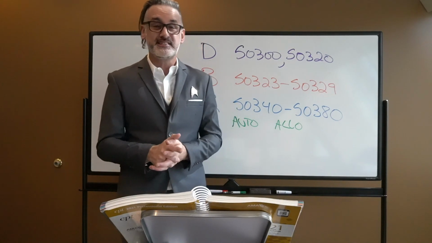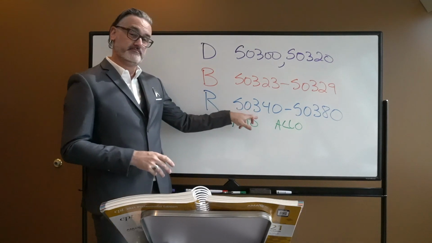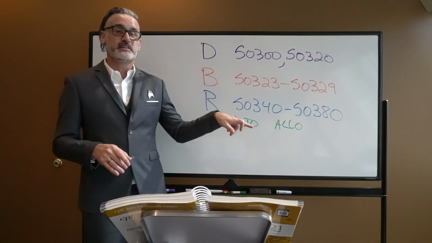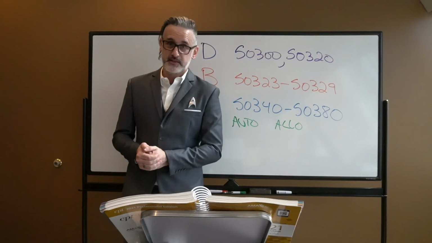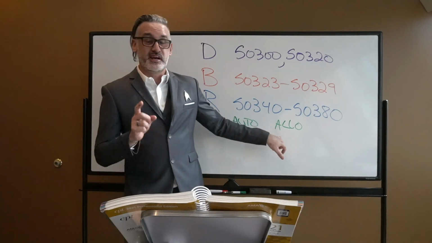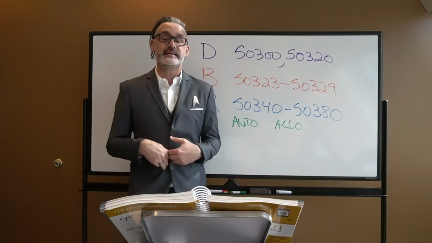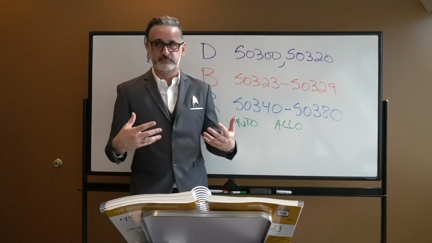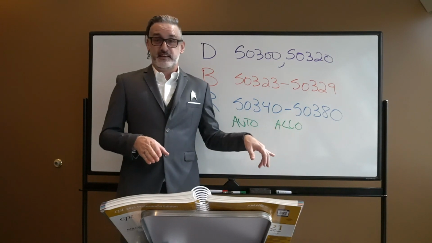So 50370 is a lot like a 50340. The difference though is that with 50340, the kidney that's being removed is the one that you were born with. With 50370, the kidney that's being removed, the allograft, is the one that was donated and installed into you, like it's a computer program, and that kidney fails.